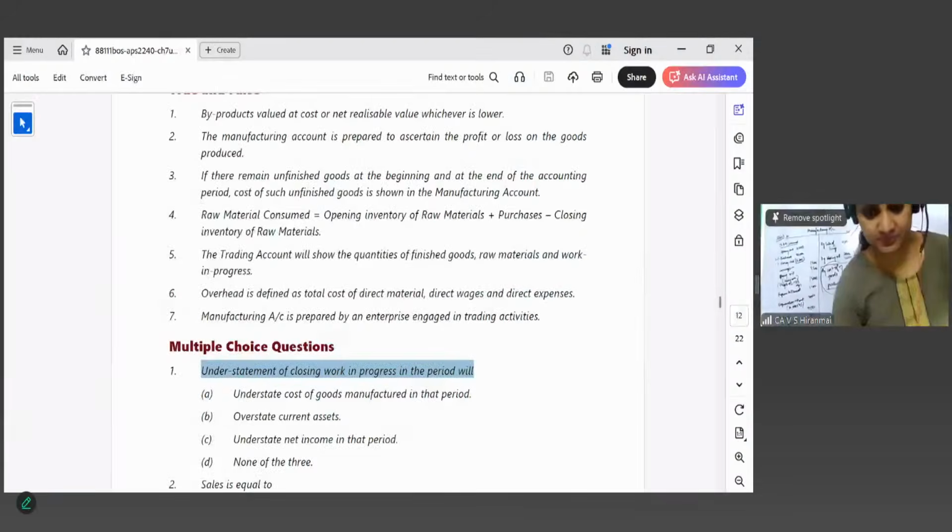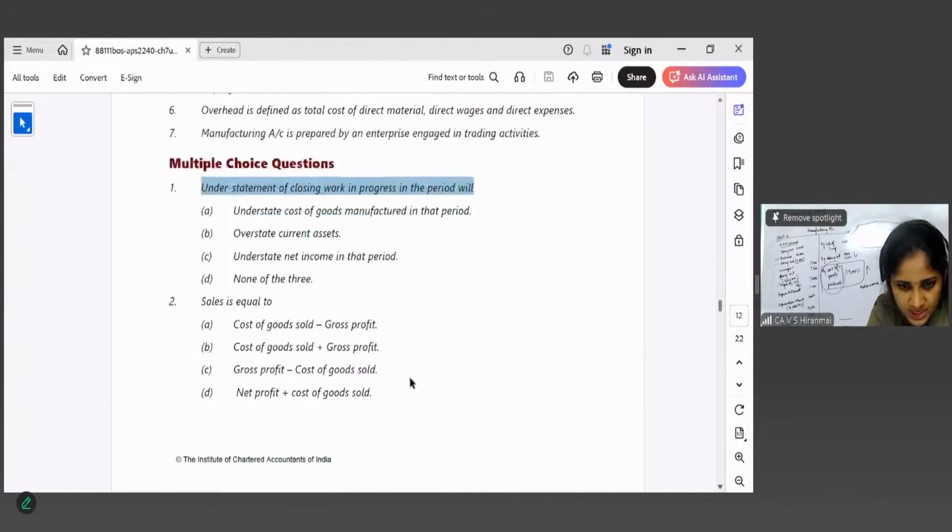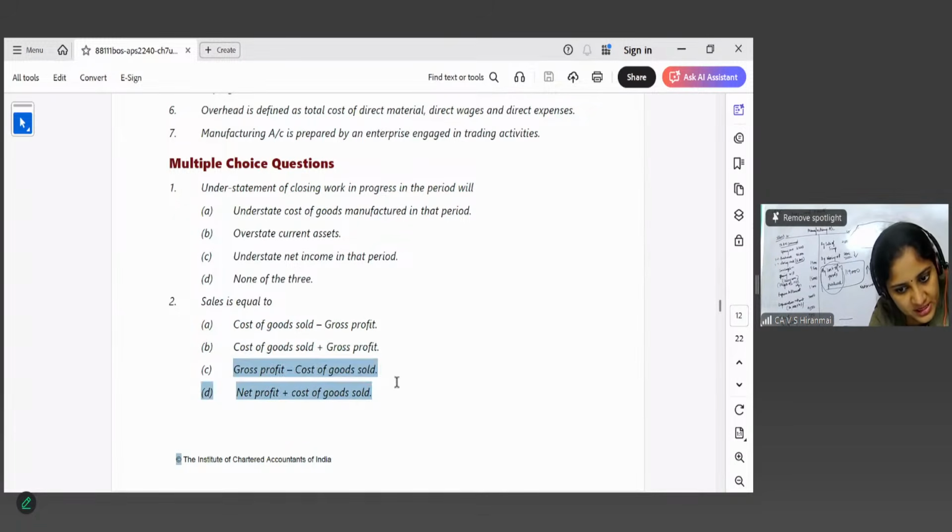Second question. I don't want anybody scribbling again on the screen, okay? Sales is equal to cost of goods sold minus gross profit, or cost of goods sold plus gross profit, or gross profit minus cost of goods sold.